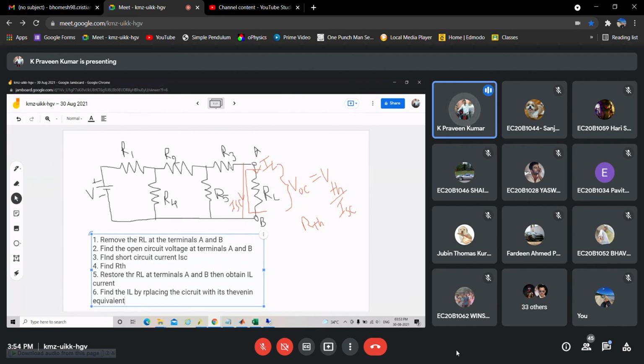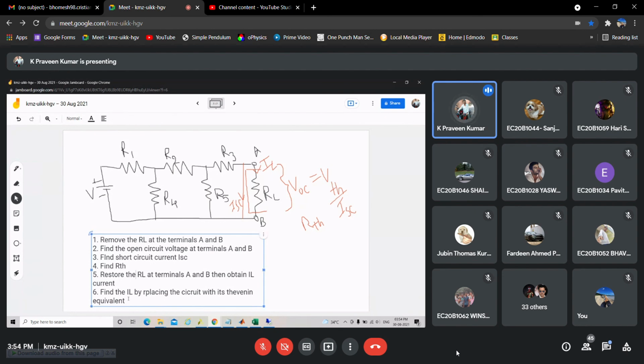So for the given circuit, just remove the RL at the terminals C and B, find the open circuit voltage, that is VTH, then find the short circuit current, take the ratio, you'll get RTH, then replace that RL at the terminals C and B, then find the response IL current.